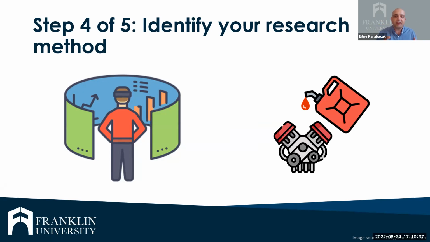In this step, decide on a research method or a few methods that can analyze your data, that will be compatible with your data. So from the broader perspective, the purpose of the previous step and this step is to identify a research method and research data pair.